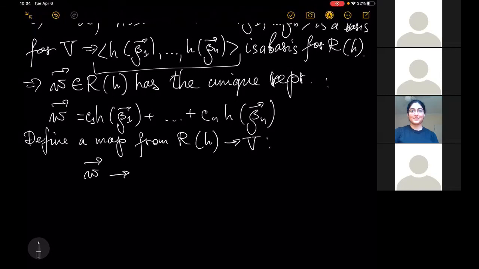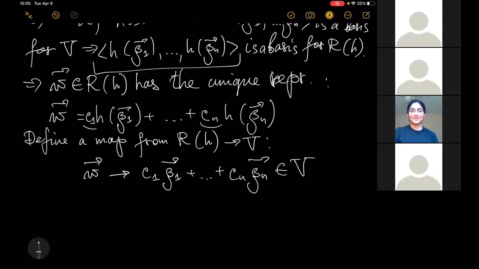W will be mapped to the same coordinates, but here it is not the image of beta 1, but beta 1 itself, and beta n. So this belongs already to the domain, because it is a linear combination of vectors of the basis.